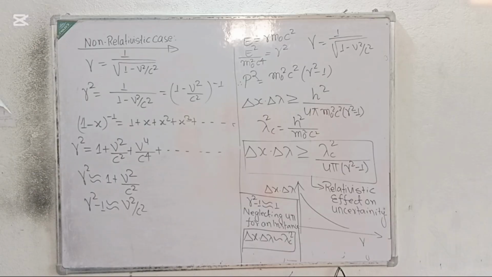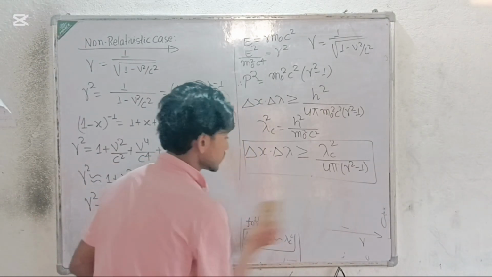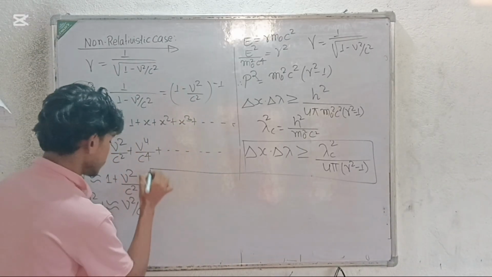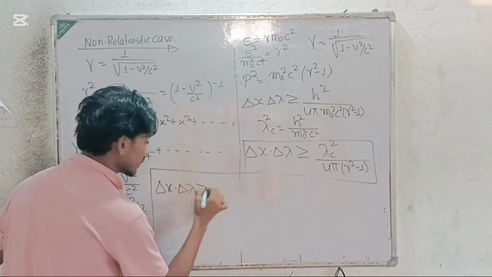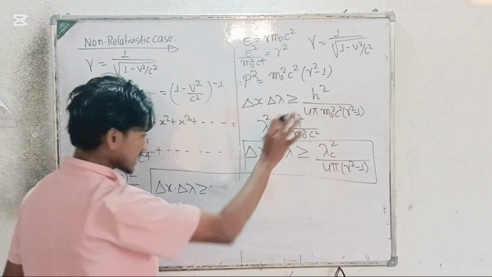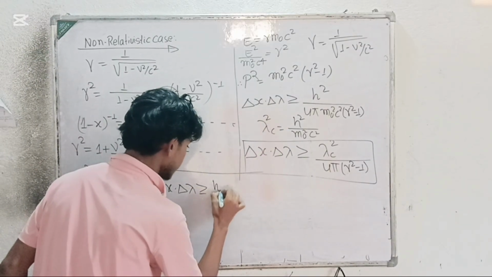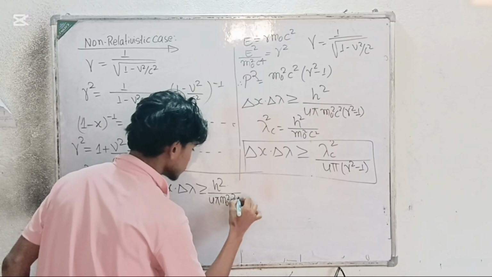Right? Okay. Now I'm going to replace it up to here. In terms of the position and wavelength uncertainty, I have lambda c, which I write in terms of momentum in its actual form: h squared over 4 pi m naught squared c squared.